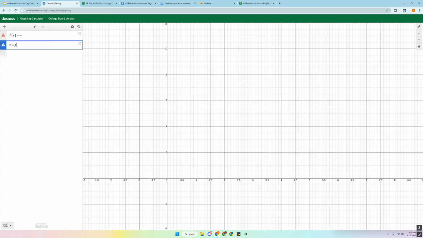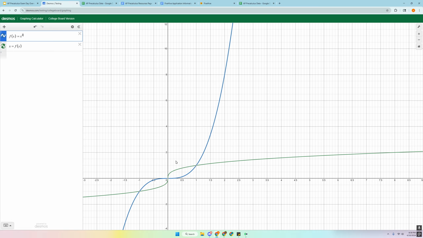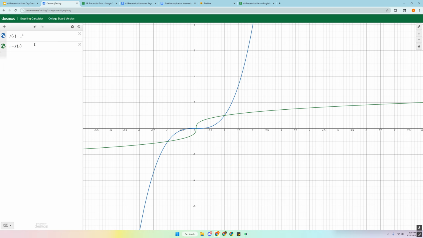Hold up, there's a suggestion in the chat. Yeah, that's one way to do it: you could do it by using two different equations, as suggested in the chat.